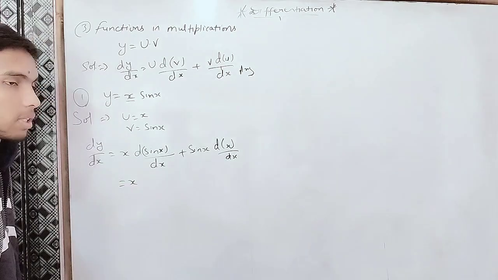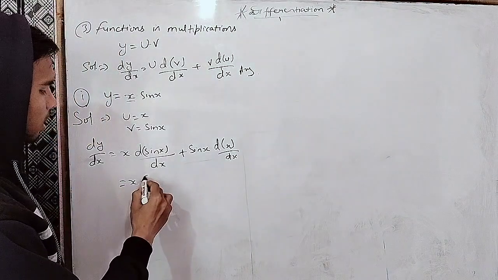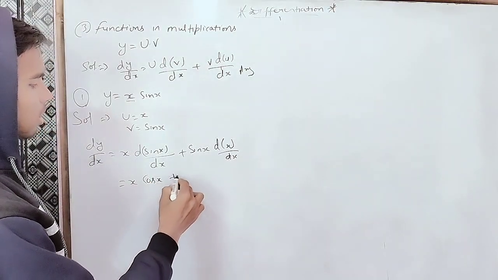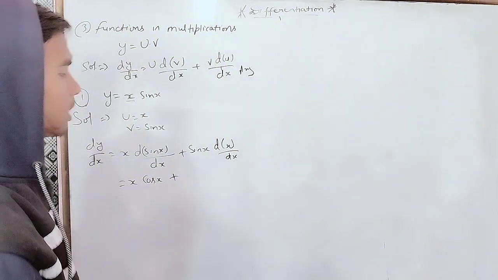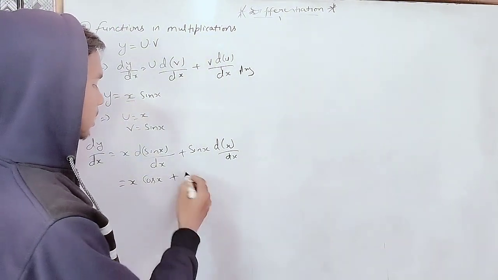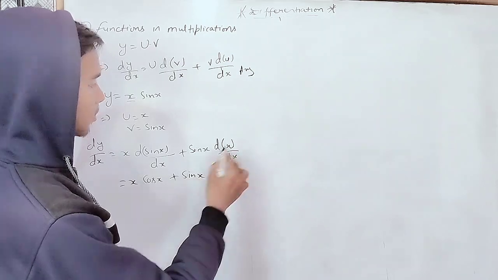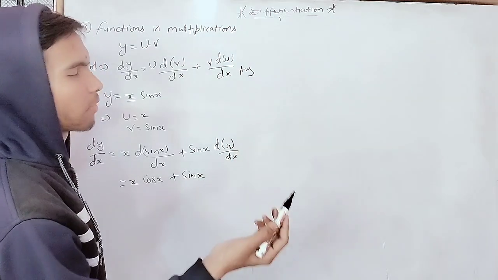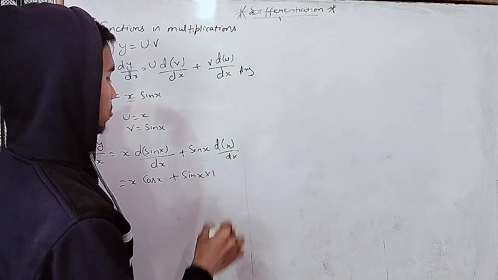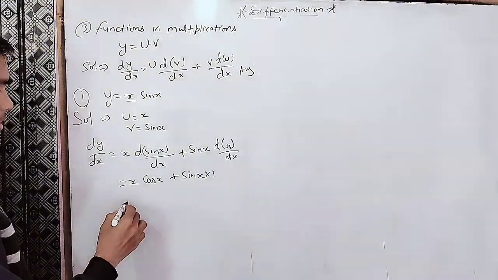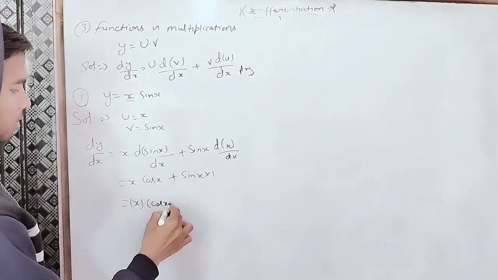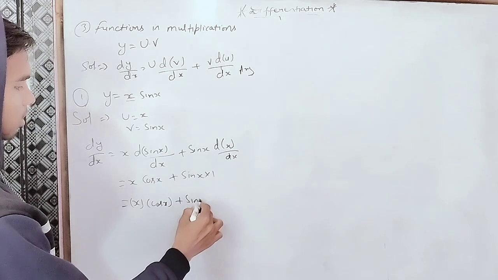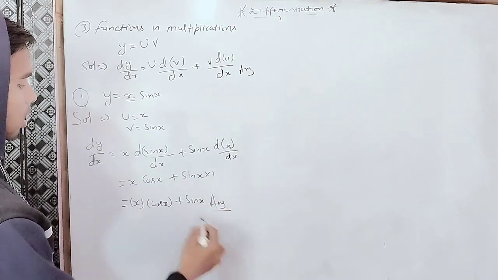Differentiation of sin x would be cos x. Then this is not in a differentiation form, so it will be written as it is. Then we have x. Differentiation of x would be 1. x cos x, then sin x. This is your answer.